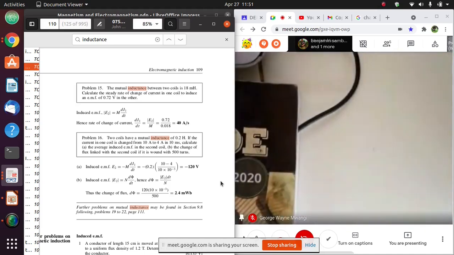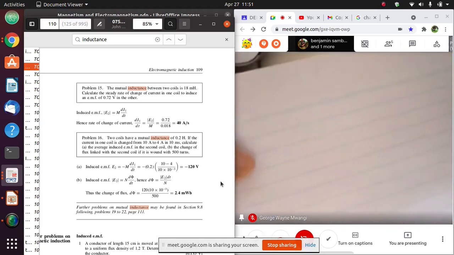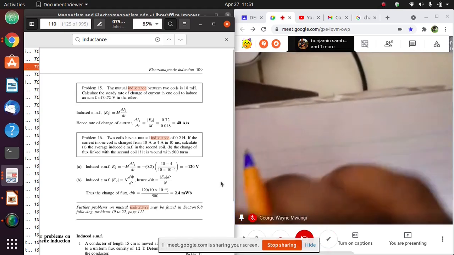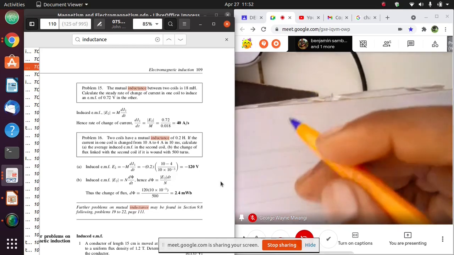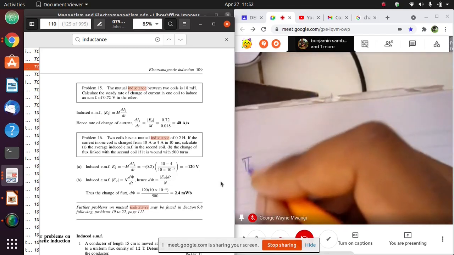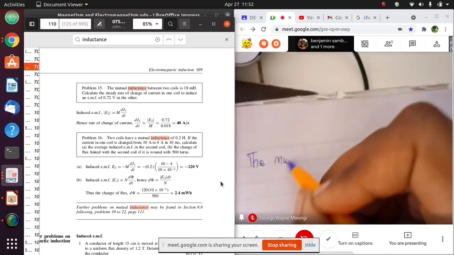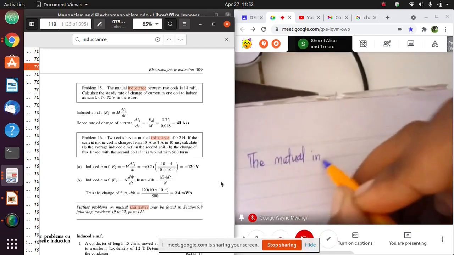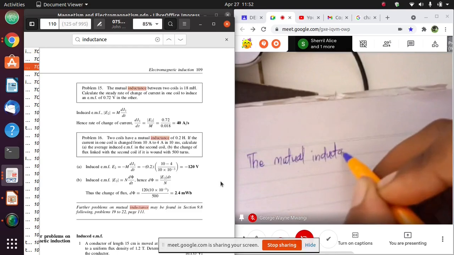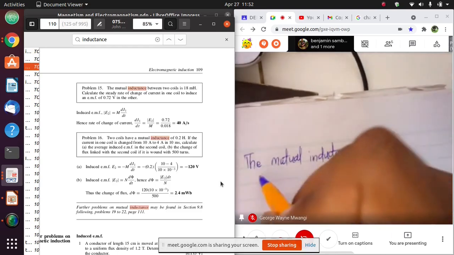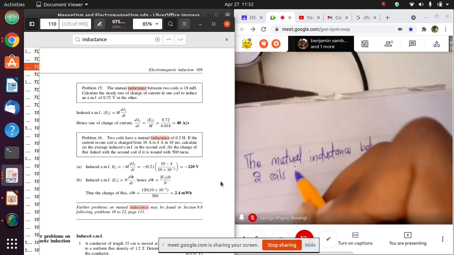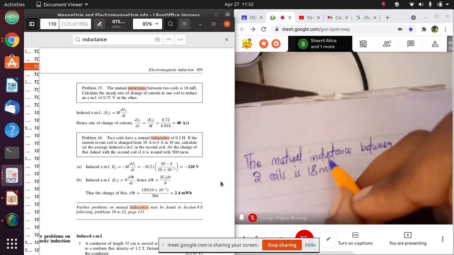Yes. Let's try the last example for today. We are told that the mutual inductance between two coils is 18 millihenry.